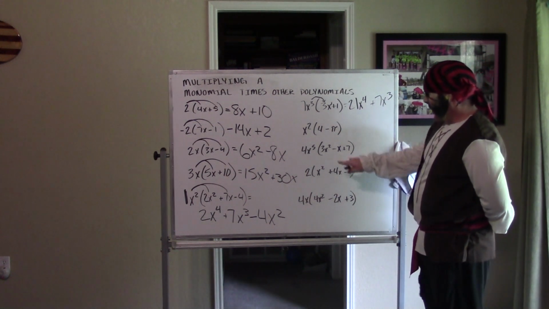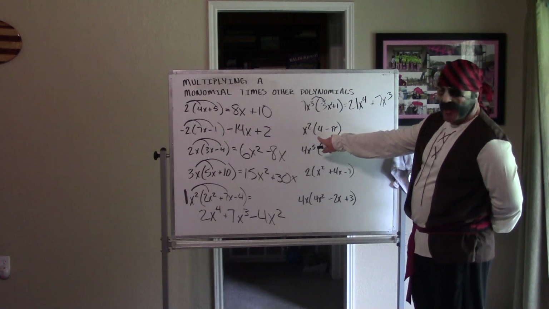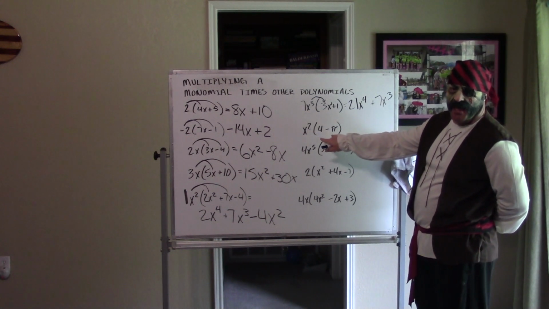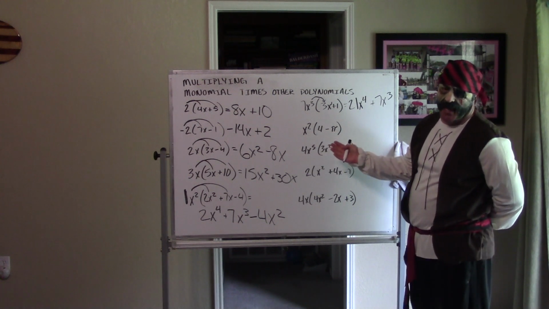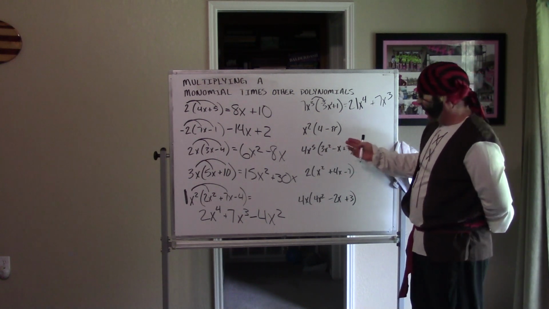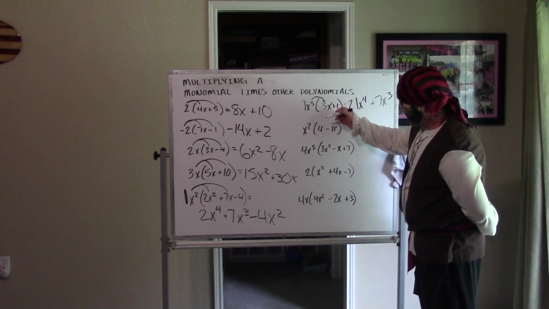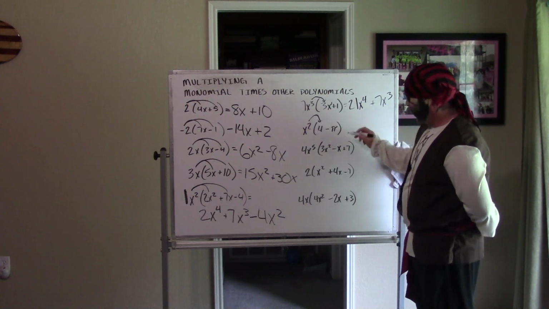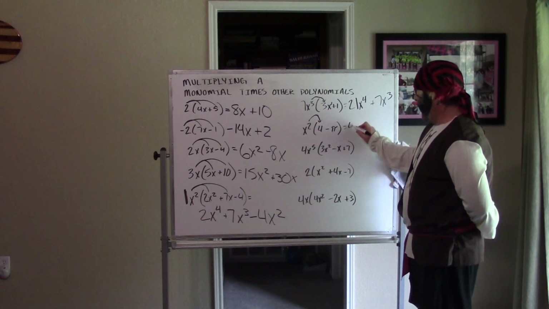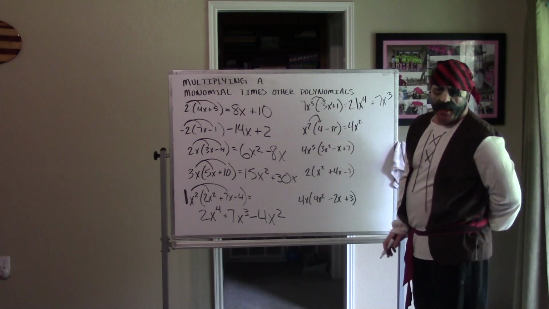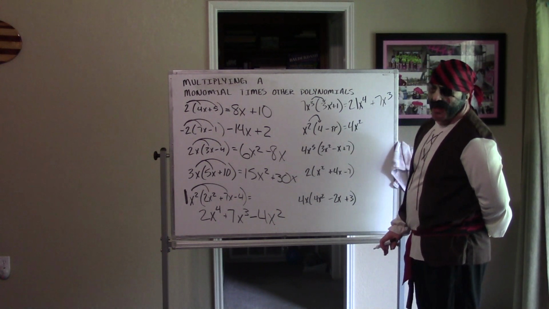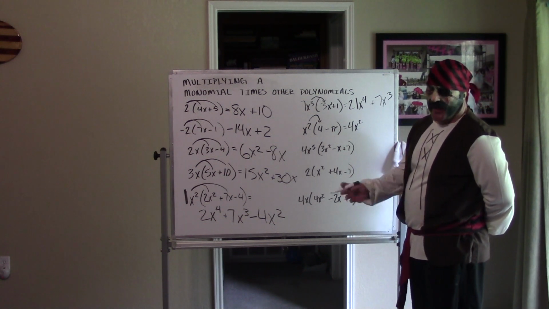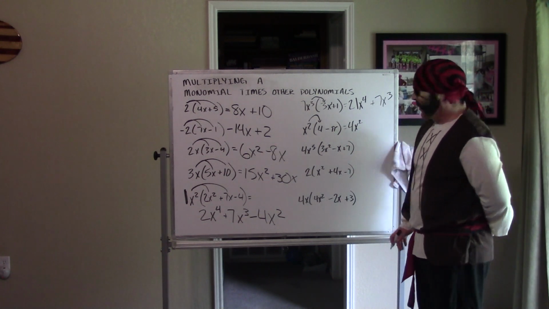Now, right here we throw in a symbol, this pi symbol, just to kind of make it tricky. It doesn't actually make it tricky though. All we have to do is just write it down. It's going to end up being really, really simple. So x squared times the 4 is just 4x squared. We always write the coefficient in front of the variable, so even if it's a fraction, it's got to go in front of the variable.